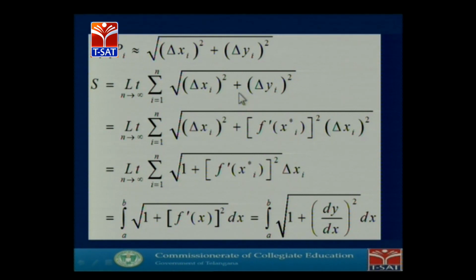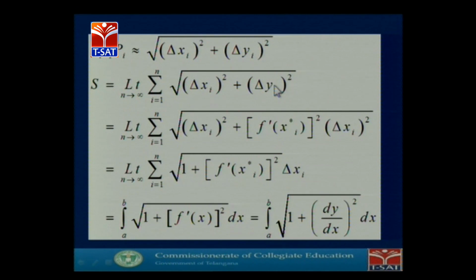Now apply Lagrange's theorem for the ith interval. What is Lagrange's theorem? If f is continuous on the closed interval and derivable on the open interval xi minus 1 comma xi, then there exists a point xi star such that f dash of xi star equals delta yi by delta xi.